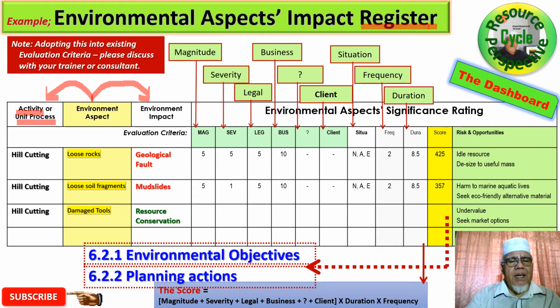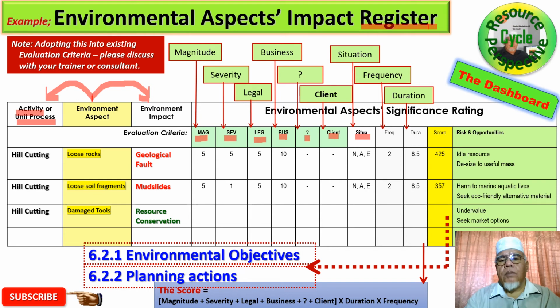A company may have a few thousand environmental aspects that they have to manage. Major, I'm not talking about small, little environmental aspects, major. That is why we use all these criteria, like magnitude, severity, legal, and business, and you may add some of the things, client, okay, the situation that this environmental aspect is generated.